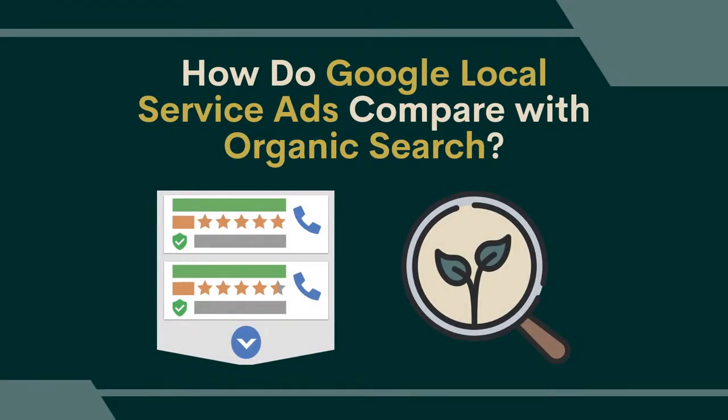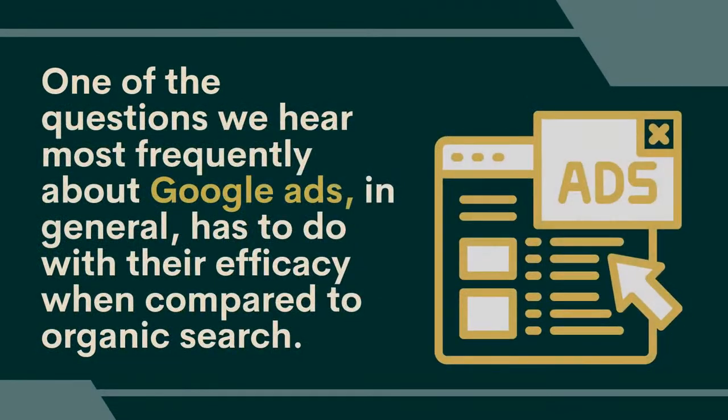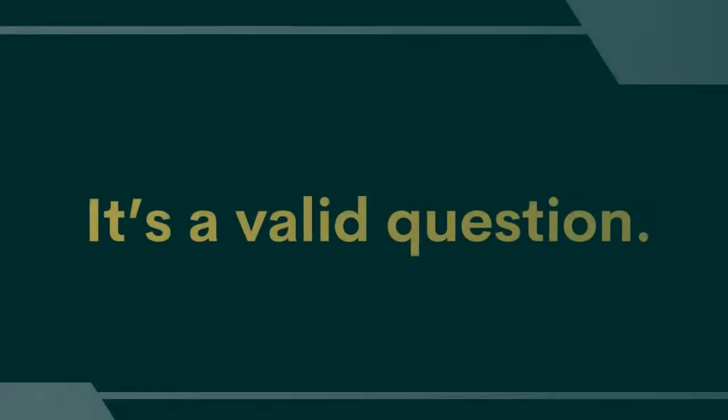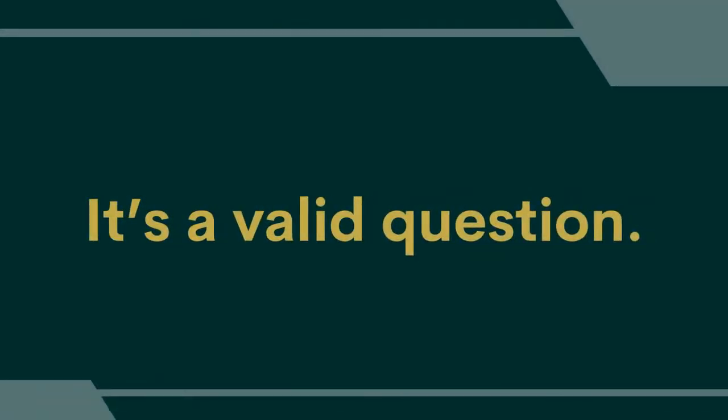So, how do Google Local Service Ads compare with organic search? One of the questions we hear most frequently about Google Ads in general has to do with their efficacy when compared to organic search. And it's a valid question.